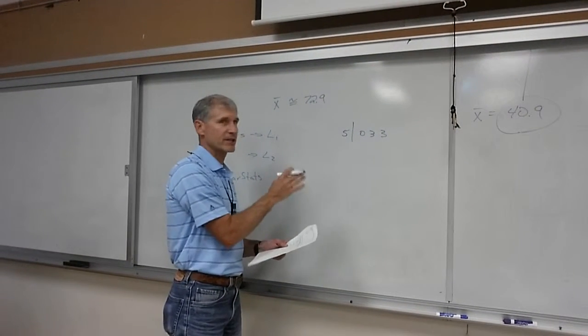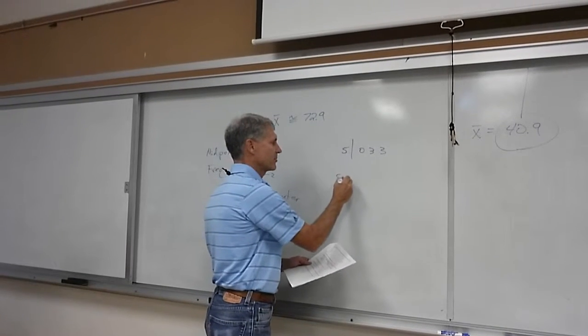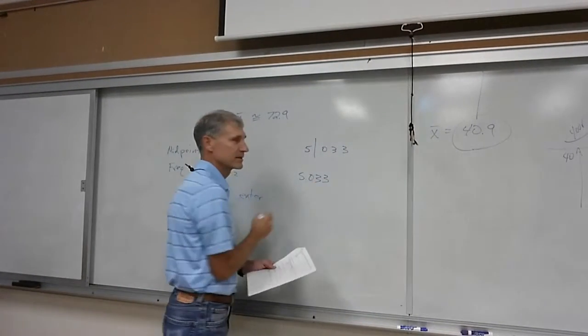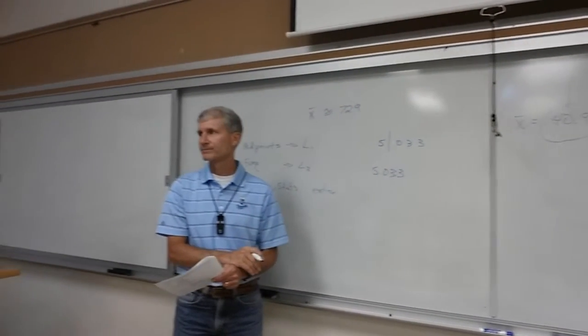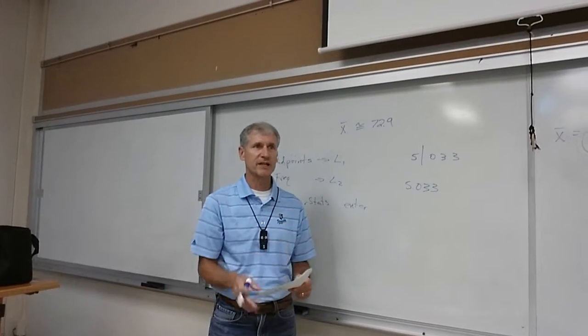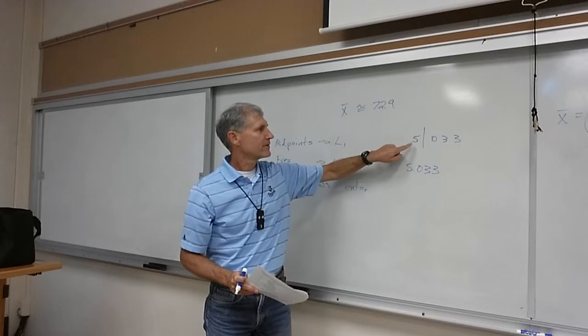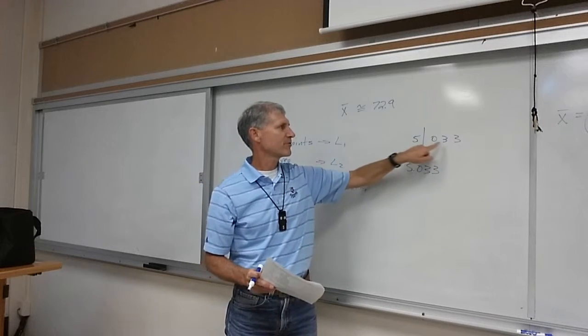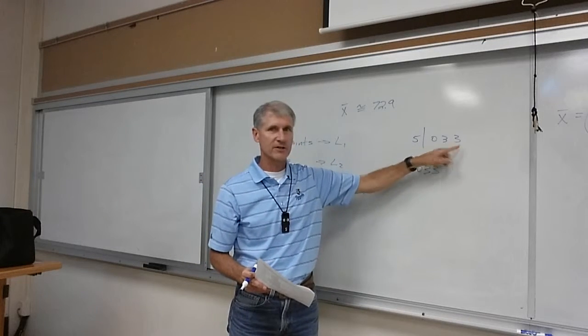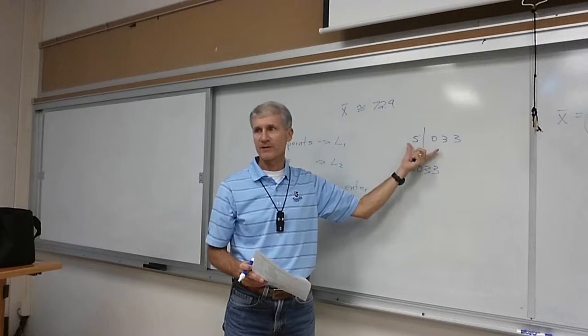There were people that entered into their calculator 5.033 as a single number. That's a fairly common mistake. What should it be? 5.0, 5.3, and 5.3. There are 3 numbers there represented. Okay.